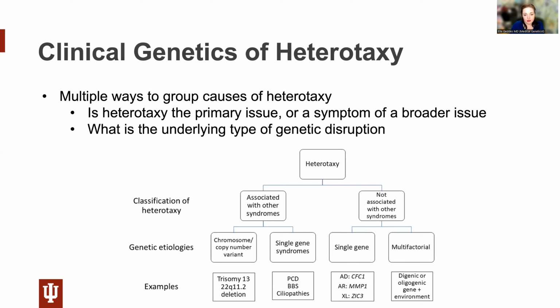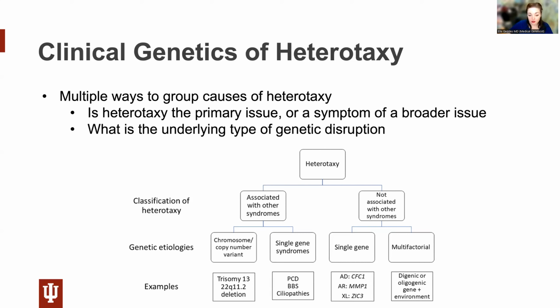And you guys might recognize this figure from the recent guidelines for clinical care that came out. But this is just a graphic of that. Is this associated with another syndrome or another genetic disorder that has a clear cause? And those can be chromosomal anomalies.